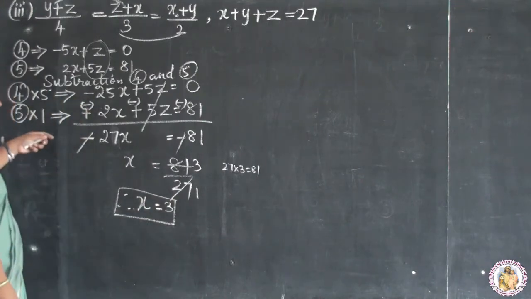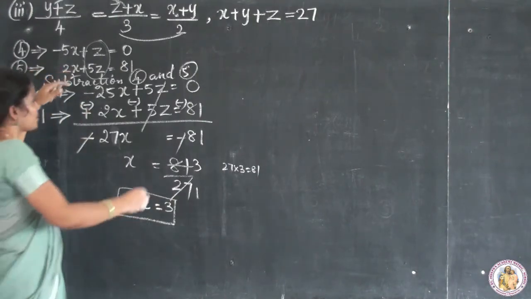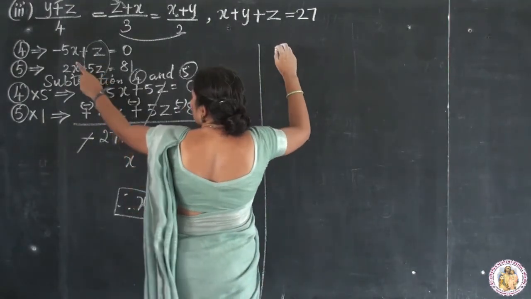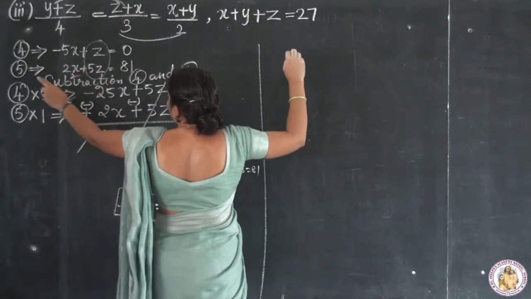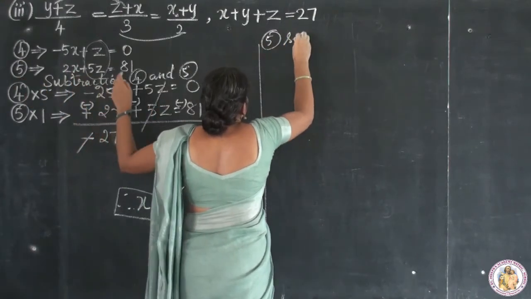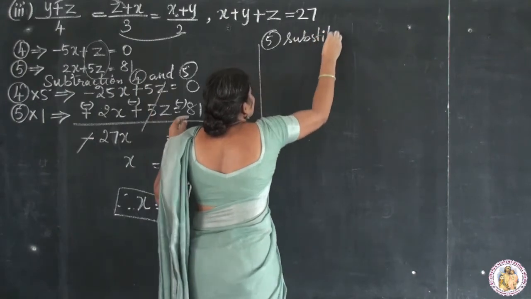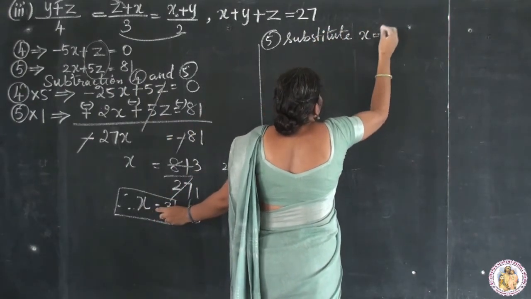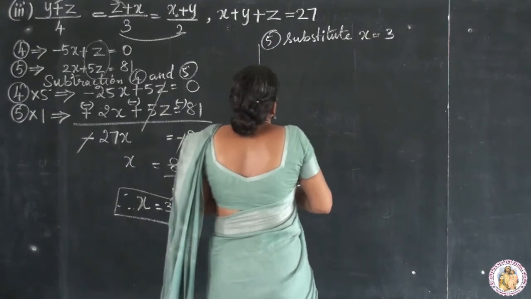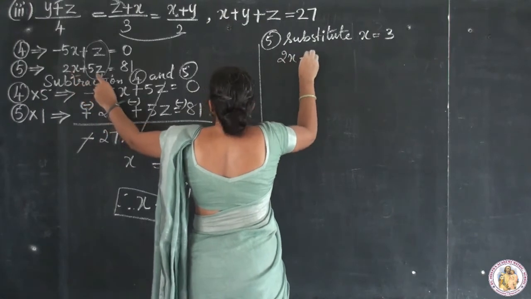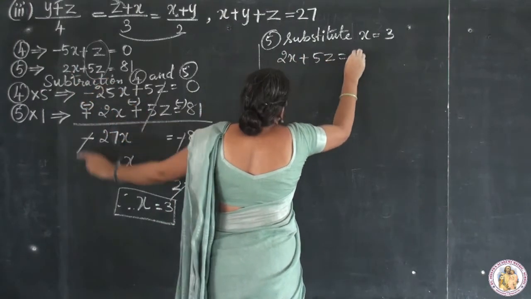To find the value of z, we can go with fourth or fifth equation and go with fifth equation. So fifth equation, substitute x is equal to 3, 2x plus 5z is equal to 81.